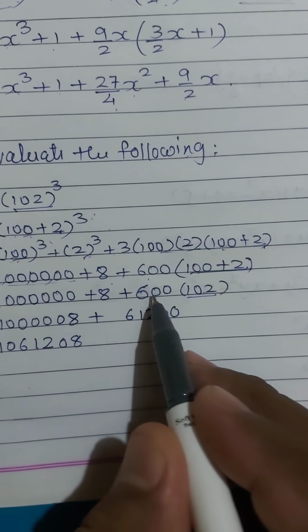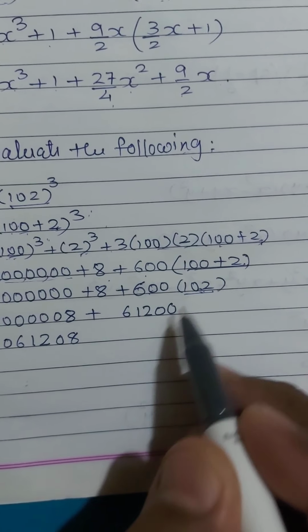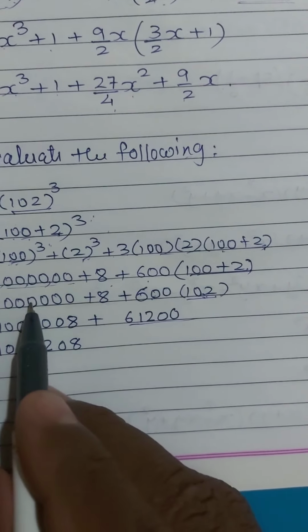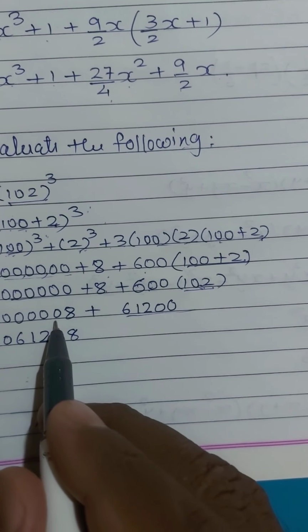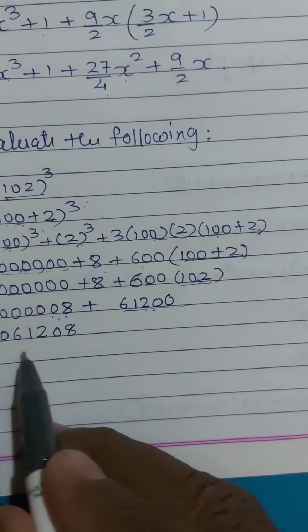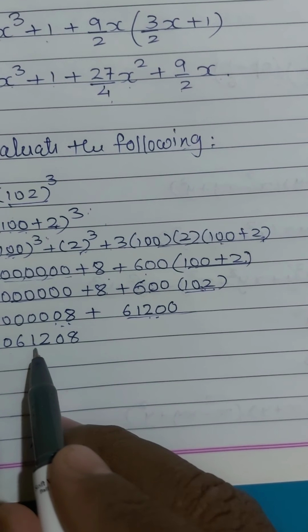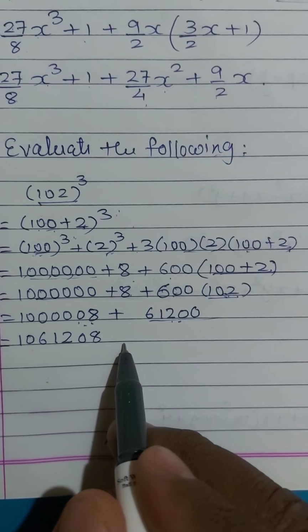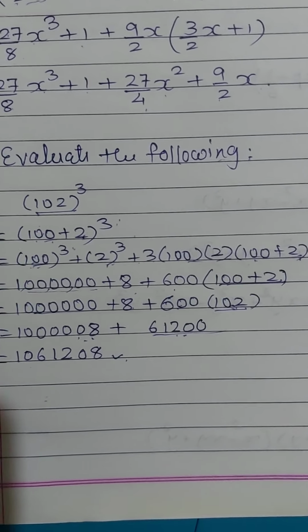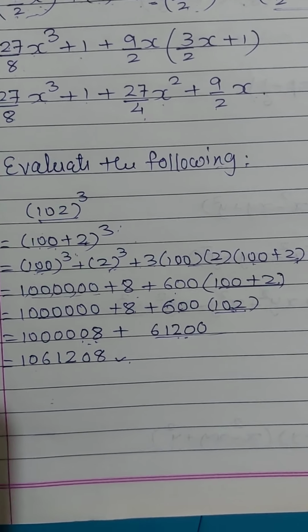When we multiply this by 600, we get 61,200, and this one, 10 lakh plus 8, becomes 10 lakh 8. Now add both of them, so we will have 10 lakh 61,208. So this is our simplification, that is cube of 102, right?